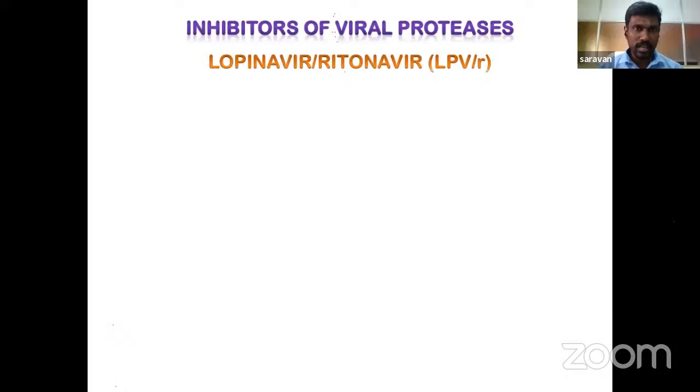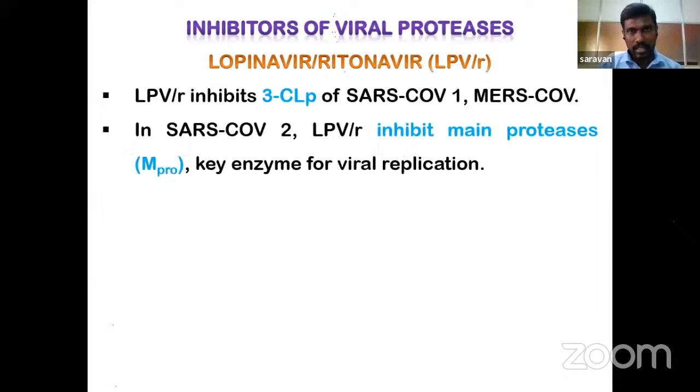Coming to the second category of drugs that are effective against novel coronavirus, that is inhibitors of viral proteases. Lopinavir and ritonavir is a combination of two drugs. Both the drugs are antivirals that are effective against coronaviruses.